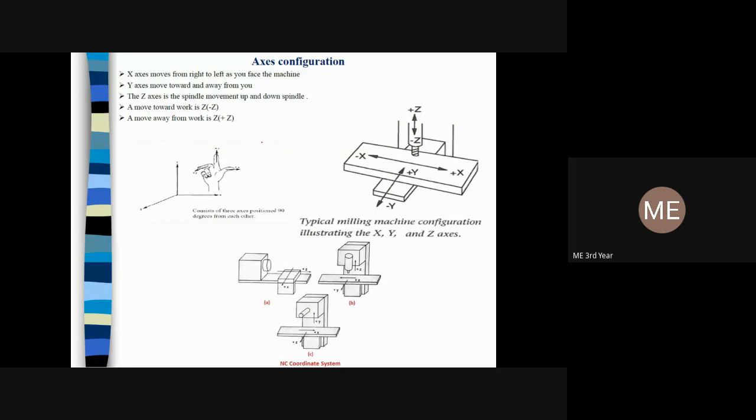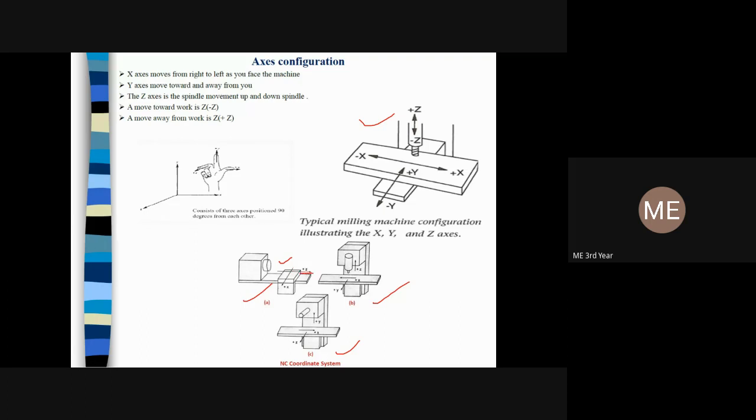Now here are some examples: free body diagram of lathe, free body diagram of milling, vertical milling you can say, this is the horizontal milling machine, and this is the drilling machine. We have already discussed that only two axes are there in the lathe. This is the positive x-axis, and this is the positive z-axis.